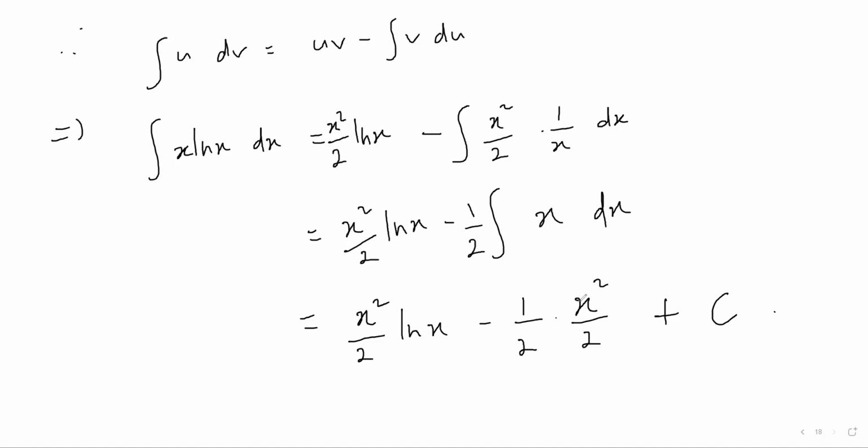Now 1 over 2 times 1 over 2 is 1 over 4. So it's x squared over 2 ln x minus x squared over 4 plus c.